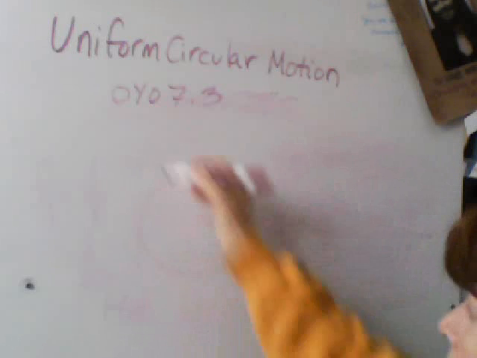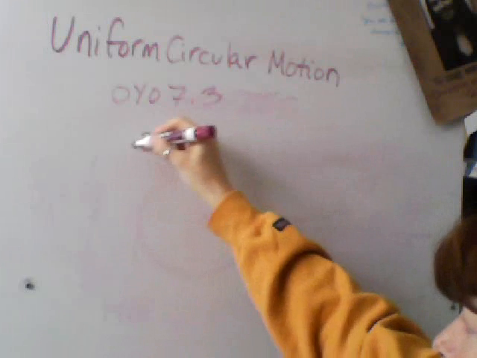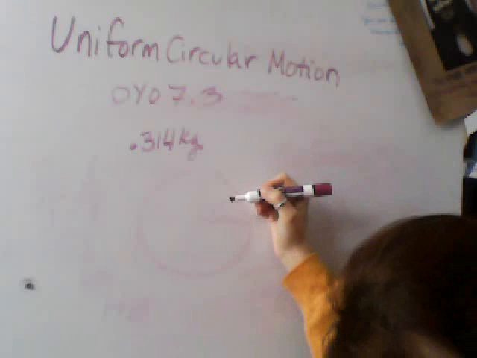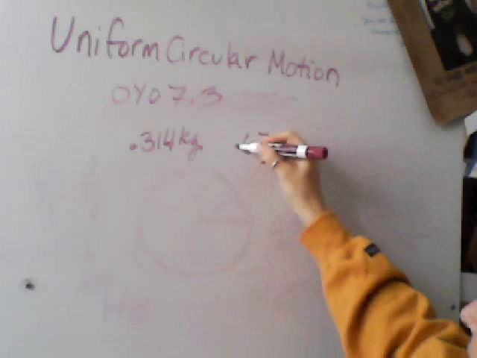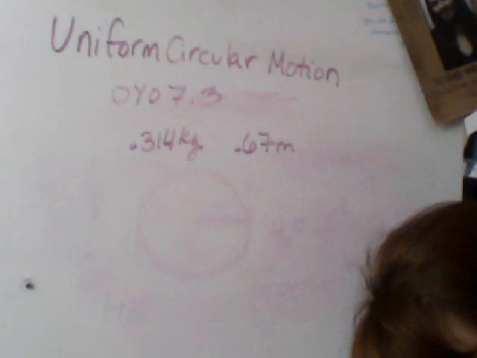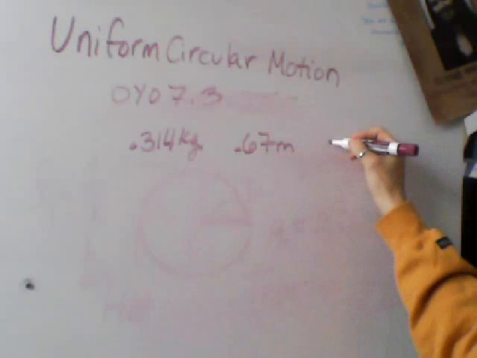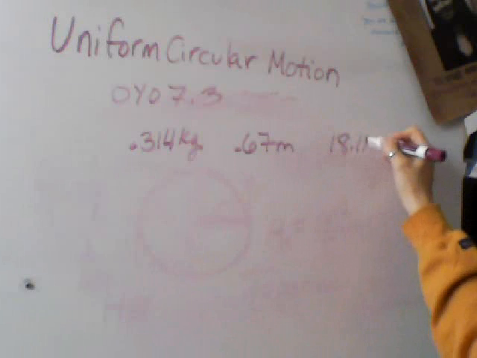Okay, so it says a child twirls a 314 gram, I'm going to switch it to kilograms right away, toy plane around his head, and he's got a 67 centimeter, so I'm going to change it to meters, string that the plane's attached to, and it can withstand a tension of 18.1 newtons.